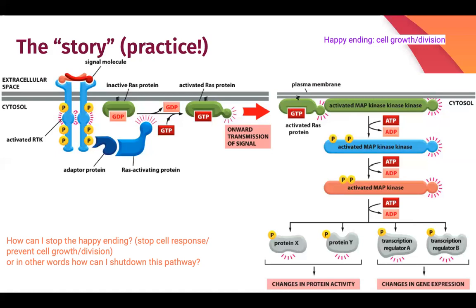So I just want to clarify, the adapter protein has SH2. In what we've gone through, the things that have the SH2 domain are the adapter protein, PI3 kinase, and STAT. I think that's it. I have my list that I lost somewhere.